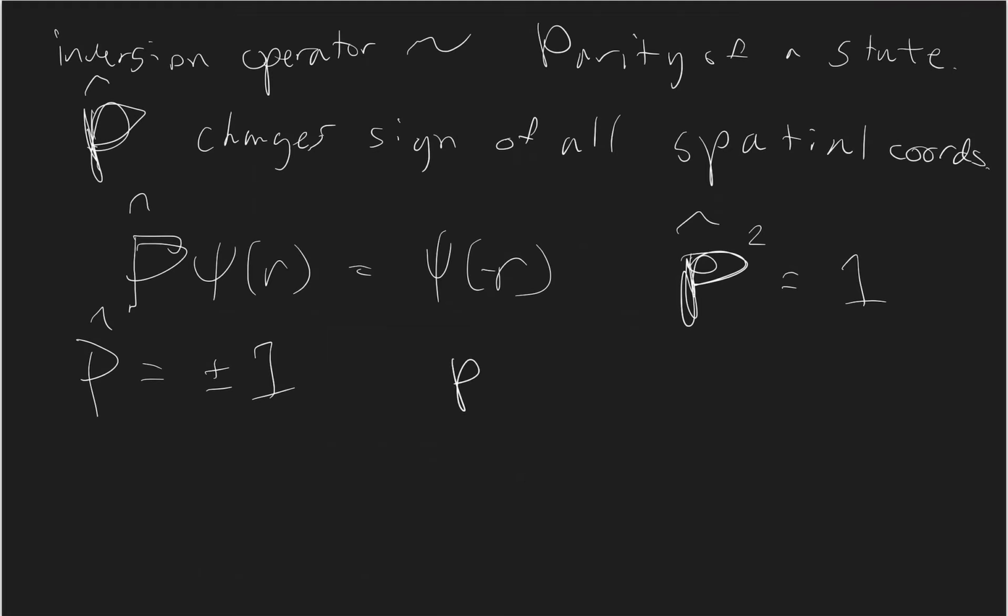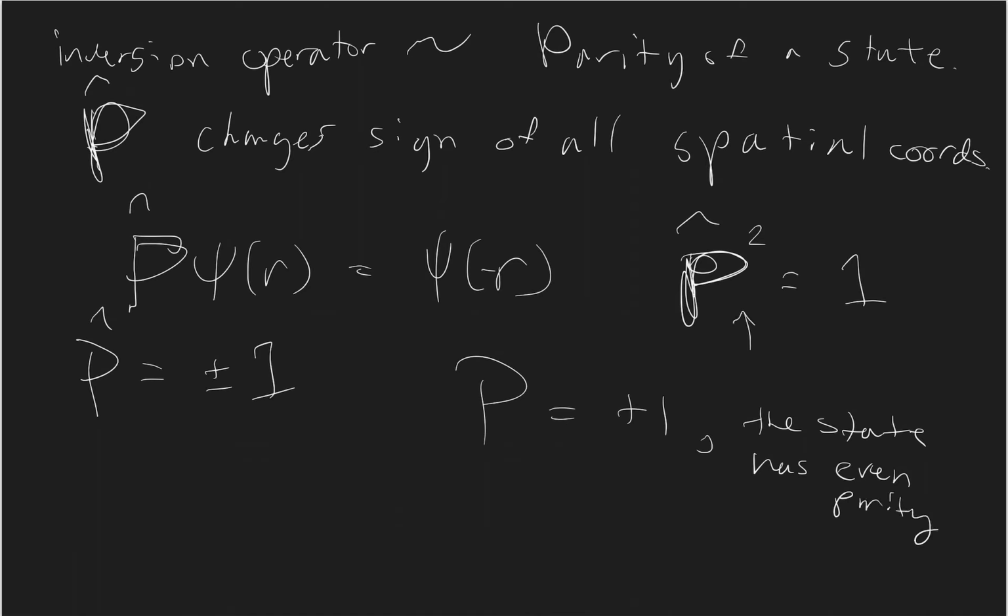You can see already why this is interesting, because if the inversion operator returns 1, the state has even parity. But if P equals -1, the state has odd parity.